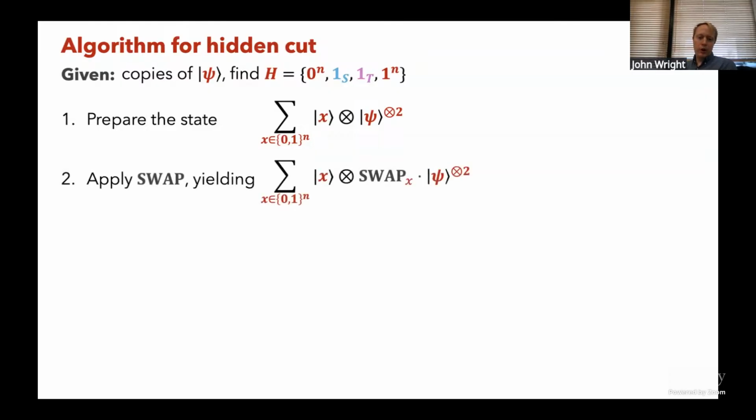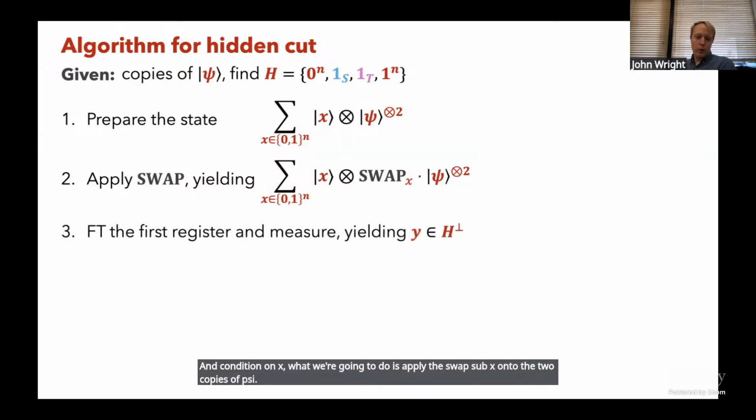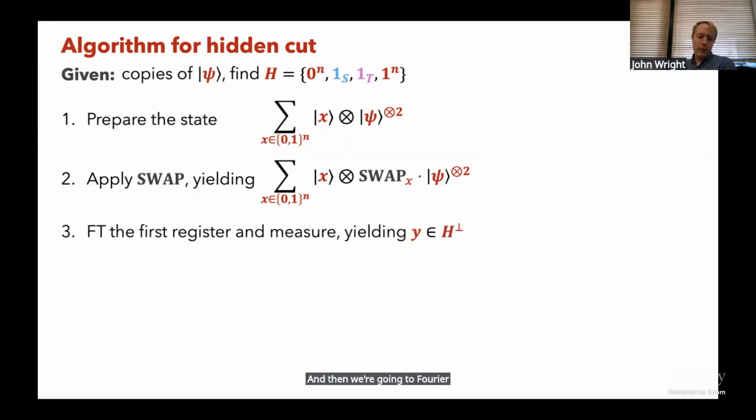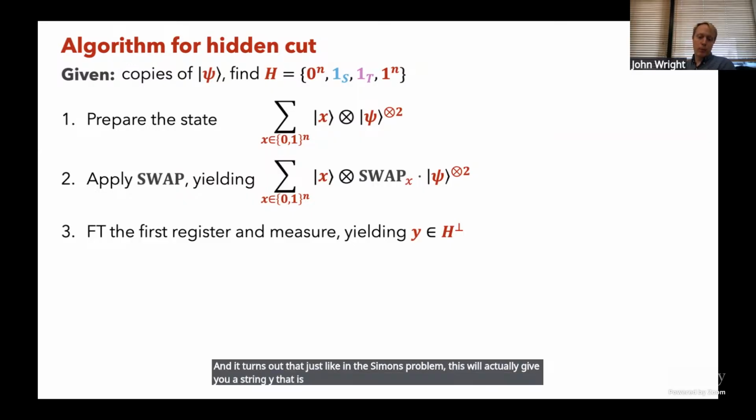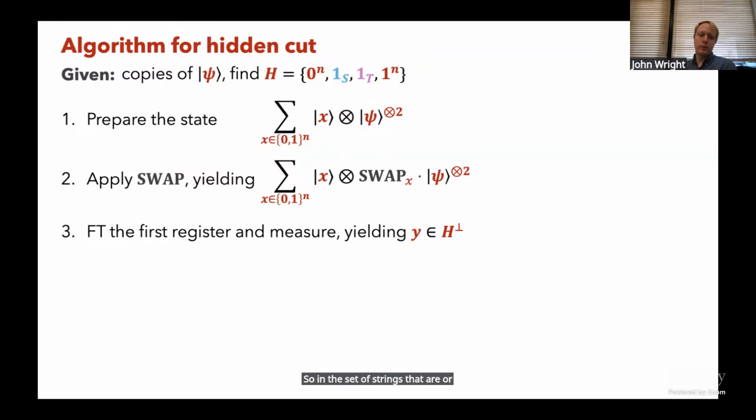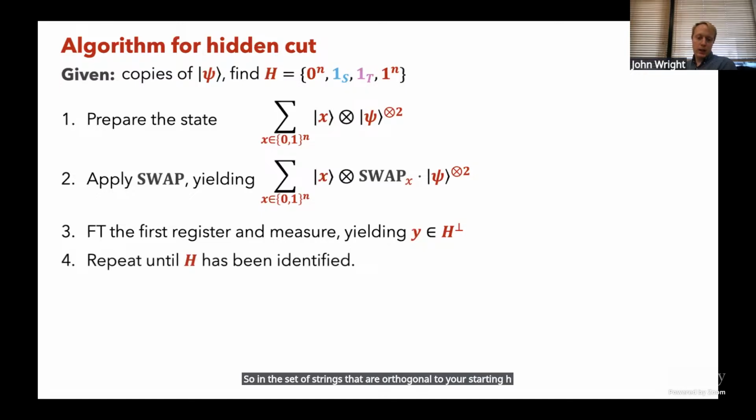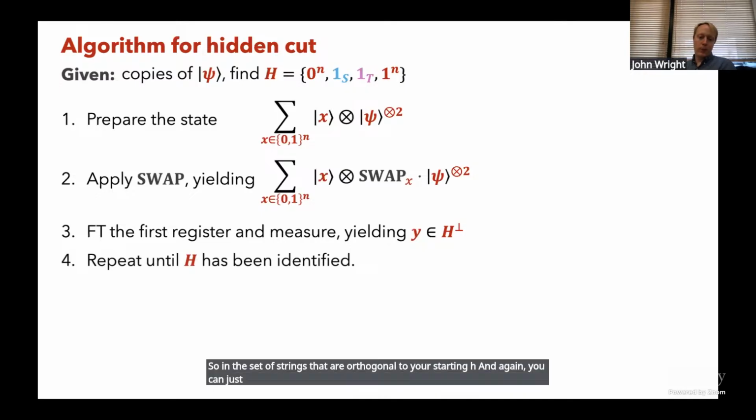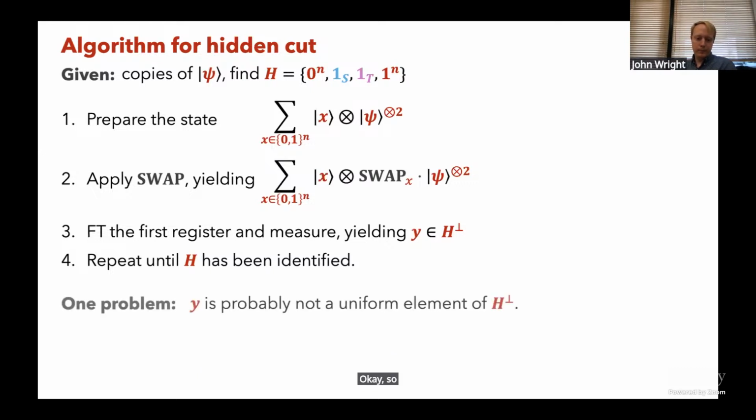And conditioned on X, we're going to apply the swap sub X onto the two copies of psi. And then we're going to Fourier transform the first register and measure it. And it turns out that just like in Simon's problem, this will actually give you a string Y that is in H-perp, so in the set of strings that are orthogonal to your starting H. And again, you can just repeat this until H has been identified. Okay, so that's basically the algorithm.